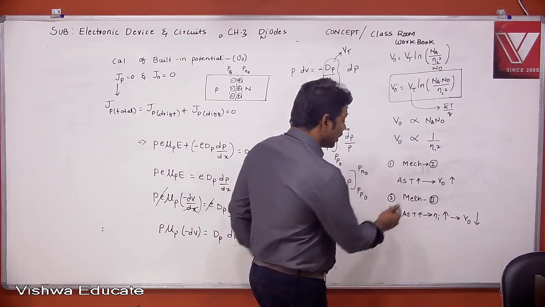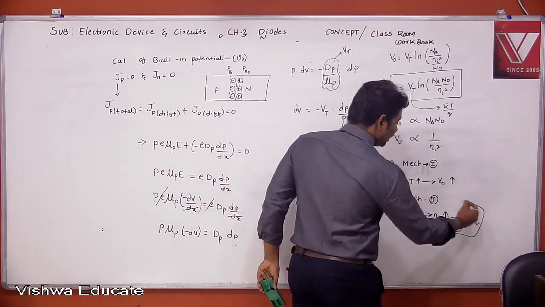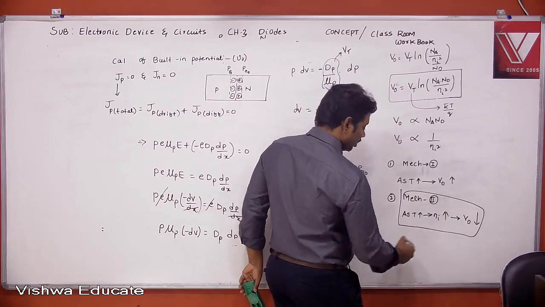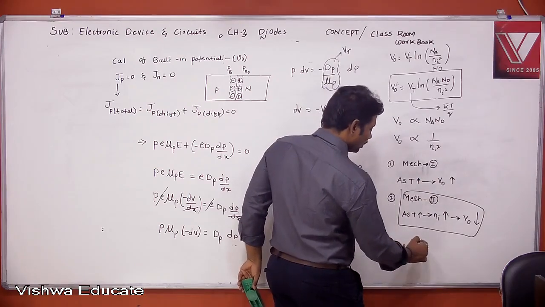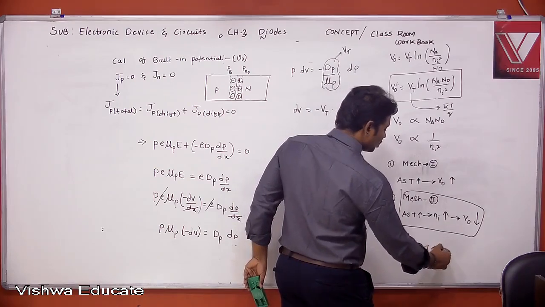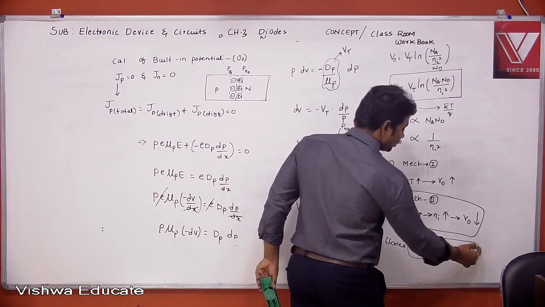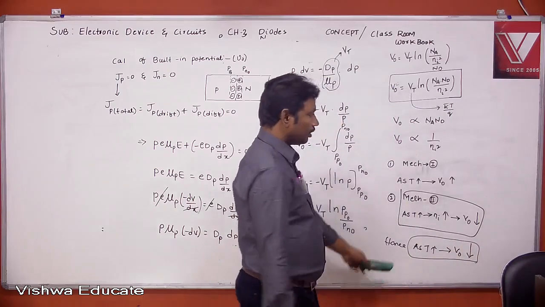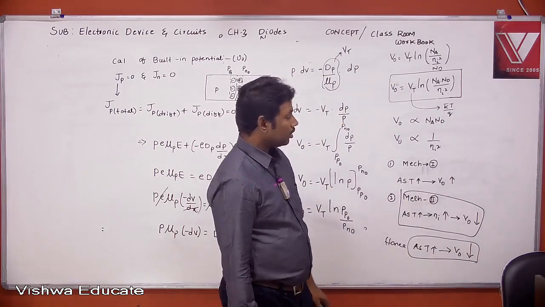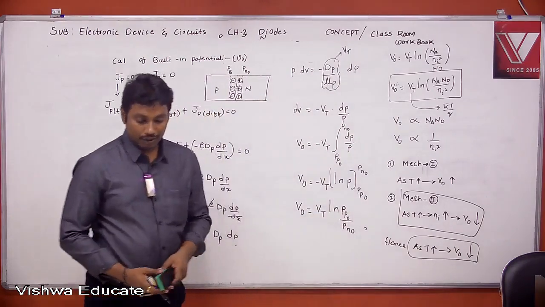So mechanism 2 will dominate mechanism 1. So finally, what is the conclusion? As temperature is increased, the built-in potential decreases in case of PN junction. Very, very important point, right? Copy this point actually.